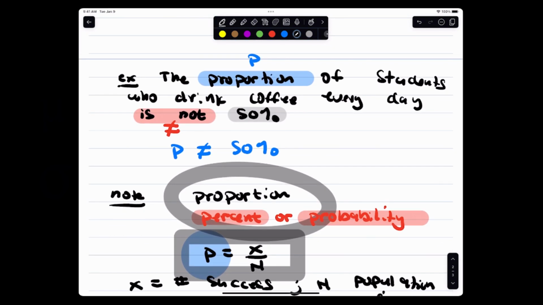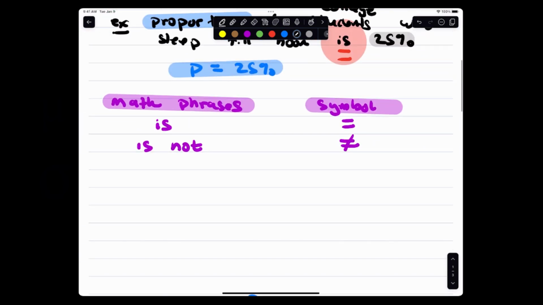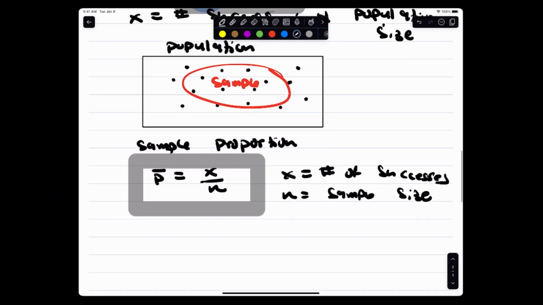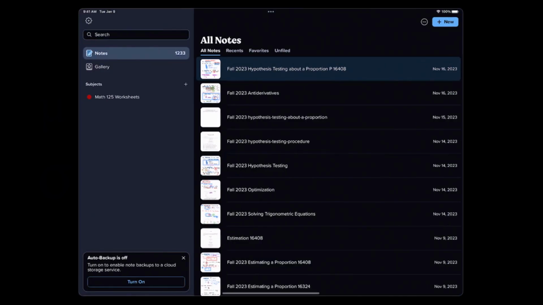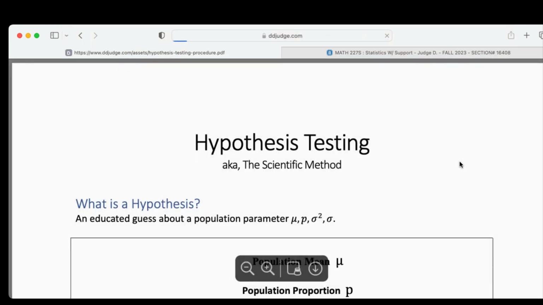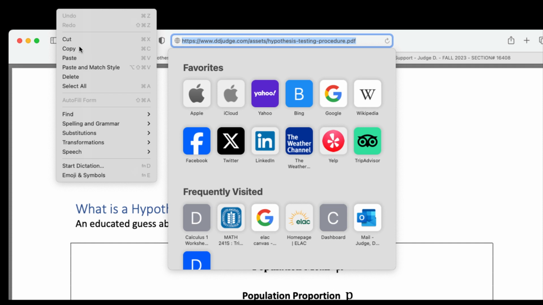All right, the proportion of students who drink coffee every day is not 50%. So there's another example. I'm going to give you guys another example here, just some clarification. If I go back to my website, I do have something called hypothesis testing notes.